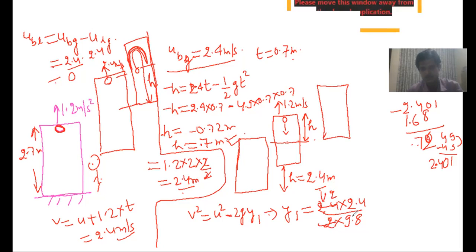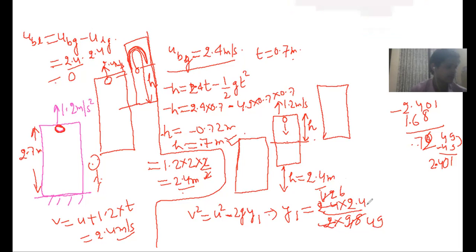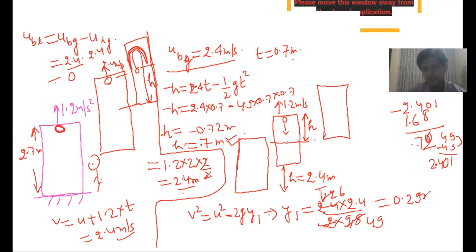It is coming to about 6 into 2.4 divided by 49, which is 0.2938. We need to take it twice, because we need to measure this distance and this distance also.